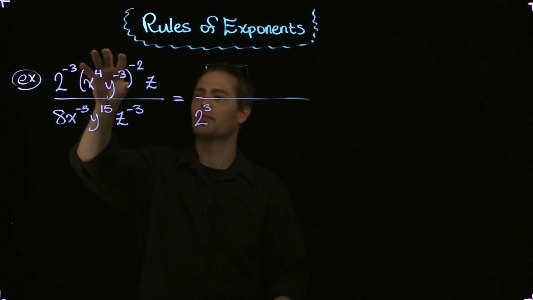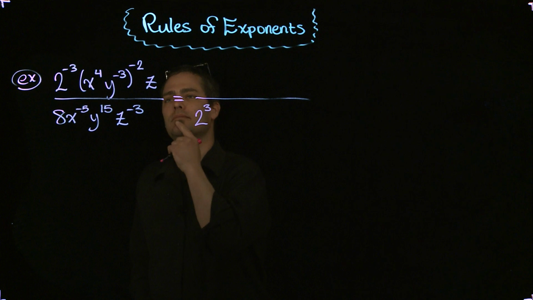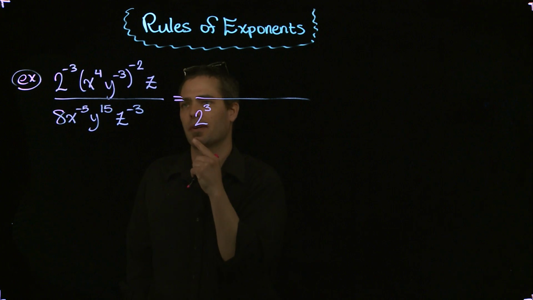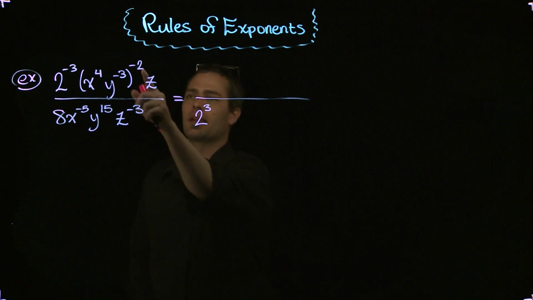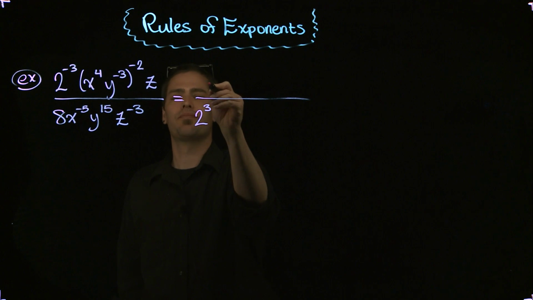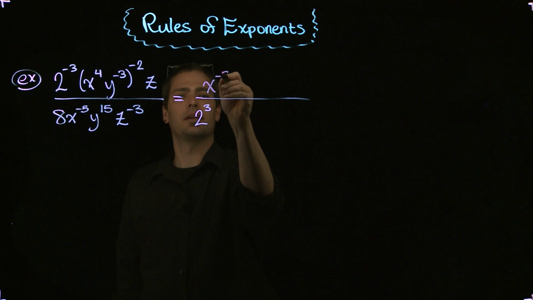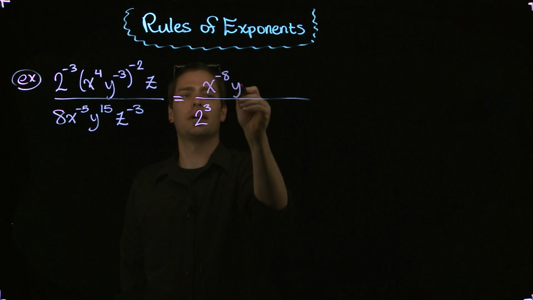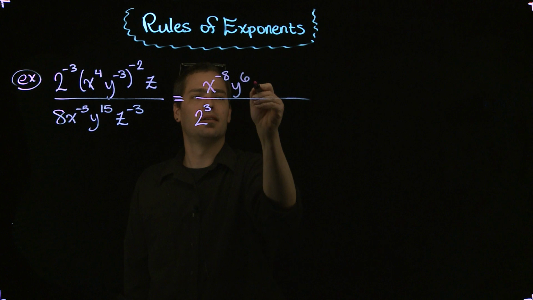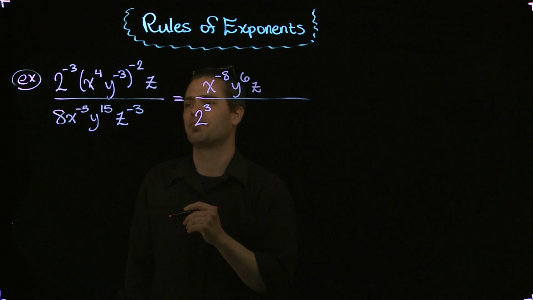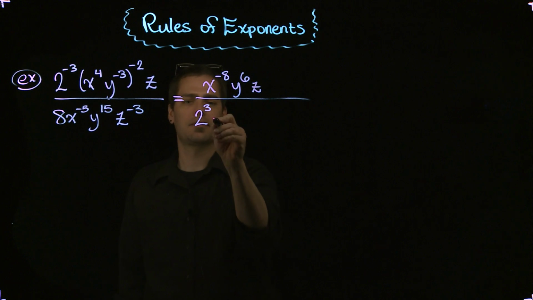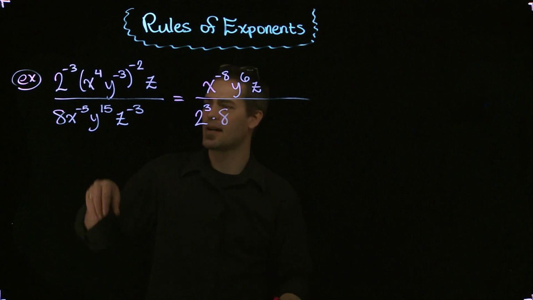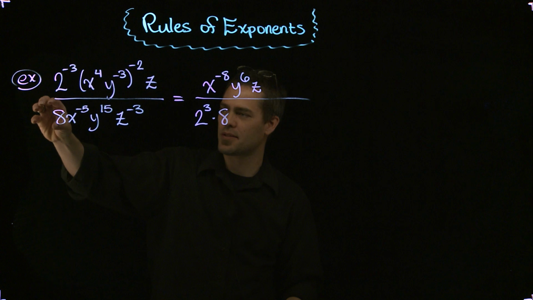Now, still looking at the numerator, I will distribute the power to the powers right away. I could even bring this whole thing down, but I'm not going to mess with that. Let me just start with distributing. So this gives me x to the negative 8, y to the positive 6, and I still have a z up there. Okay, on the bottom, I've got an 8, so I'm going to say times 8. When this 2 to the negative 3 comes down, it's 2 to the 3rd power.